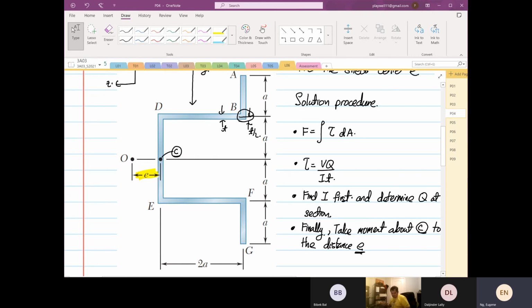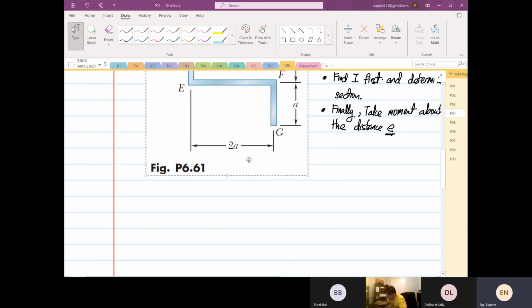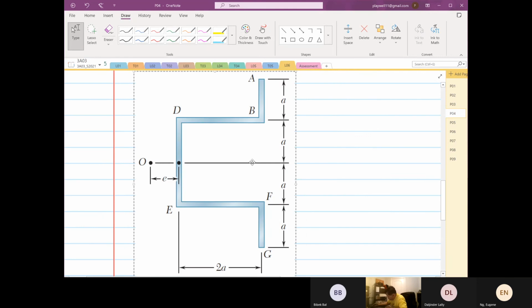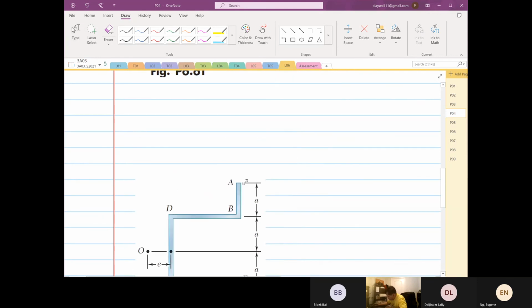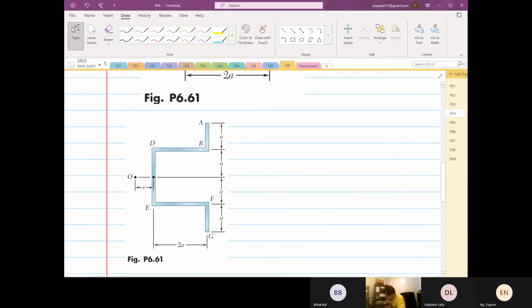So the first thing we have to do is we're going to determine IZZ first. Okay, so we're going to determine. I'm going to copy the diagram. You're going to determine IZZ.